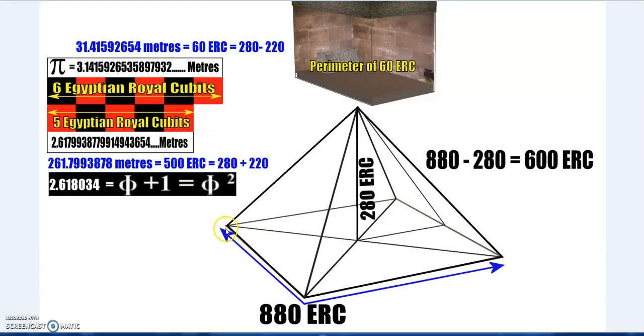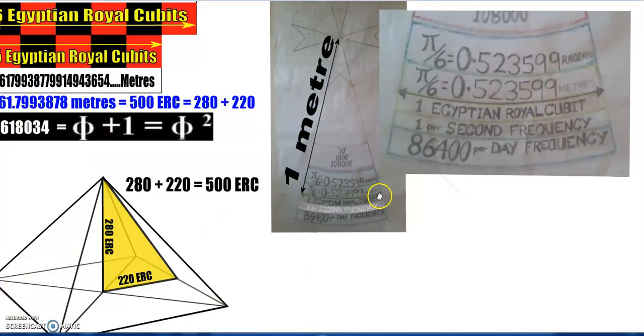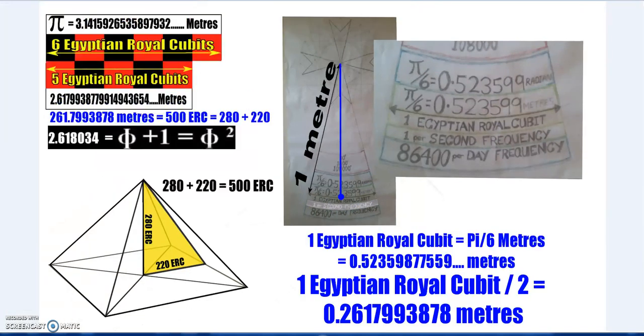And again, the maximum visible base length, 880 Egyptian Royal Cubits, minus the height gives you 600, which is pi times 100 meters by definition, which brings us back to the concept of the 1 meter pendulum swung at 30 degrees, creating 1 second, also defining one Old Kingdom Egyptian Royal Cubit at pi over 6 meters.